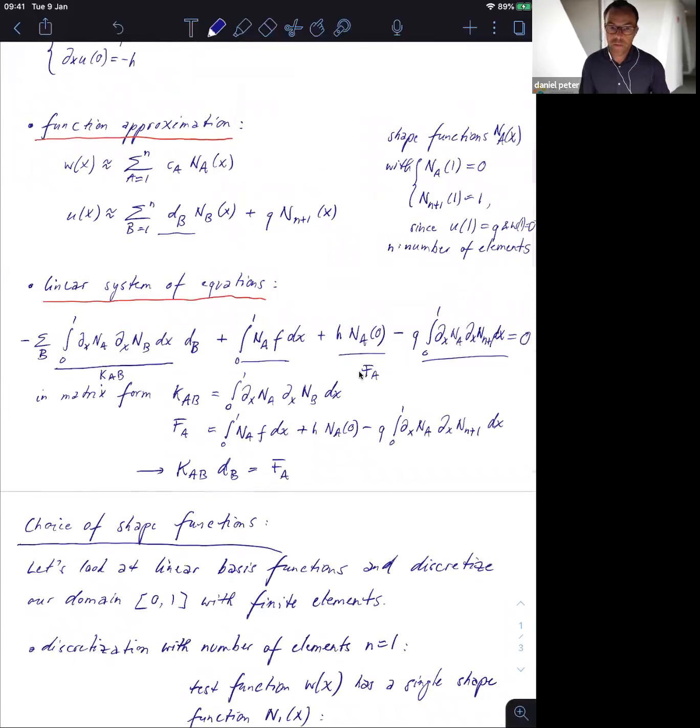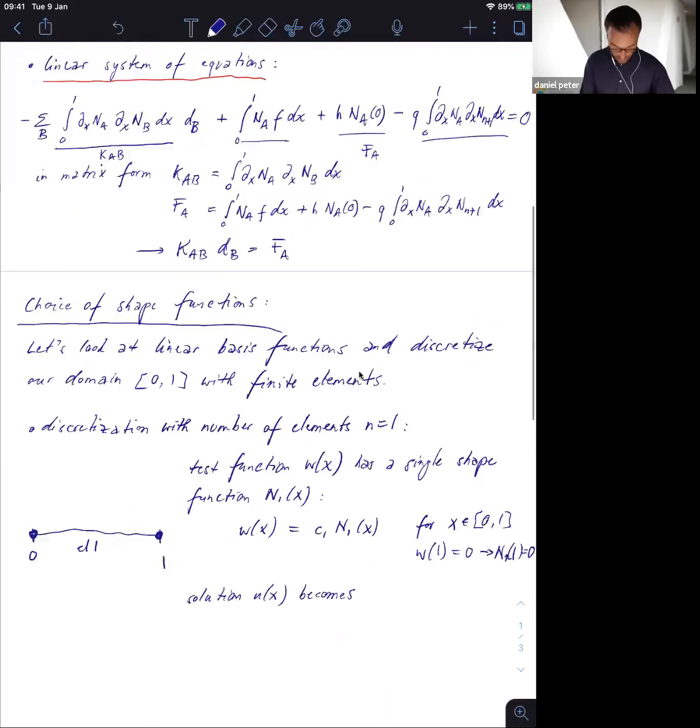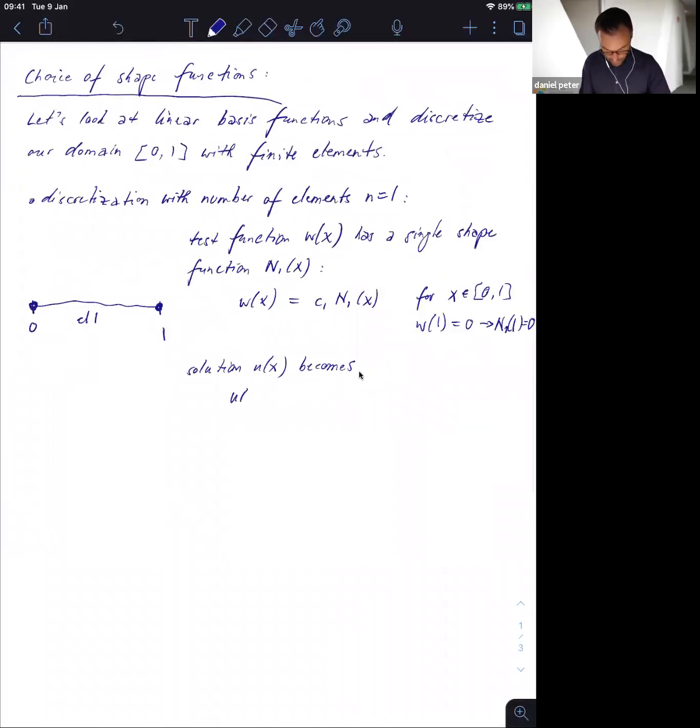So n is 1, so we have the first term d1 times N1 of x, plus the second term q times N2 of x, again for x between 0 and 1.